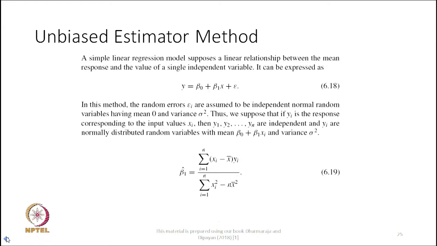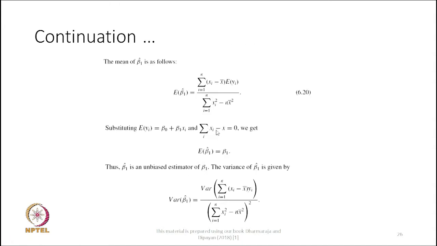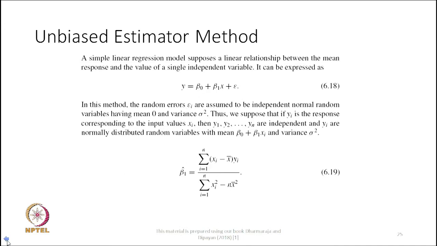When you treat this as a random variable it makes sense to find the expectation; if it is a value, then it is a small x bar. Summation of xi minus x bar is equal to 0. So, here you see that beta 1 cap is the estimate of beta 1.